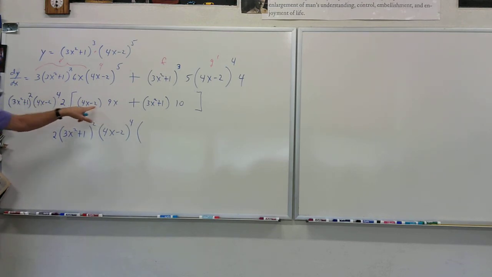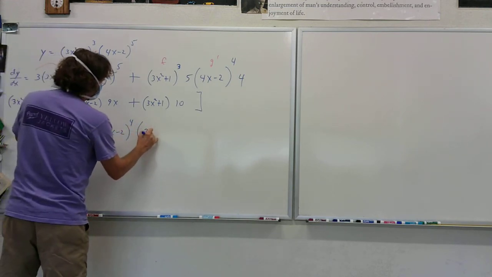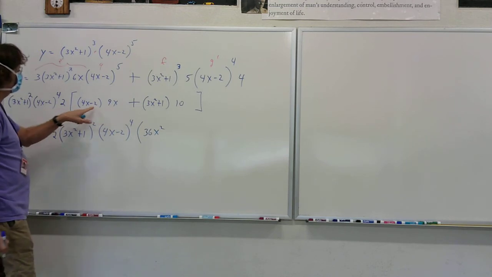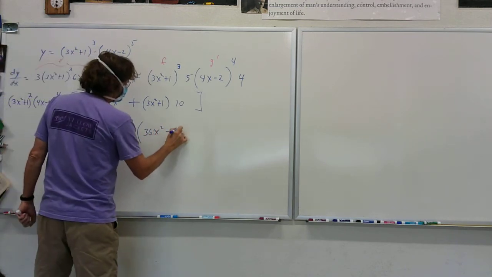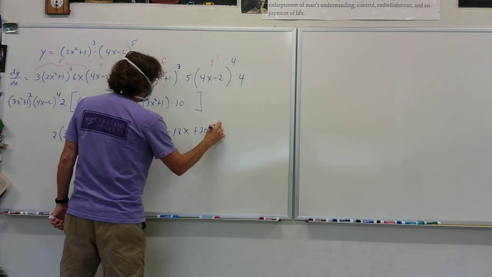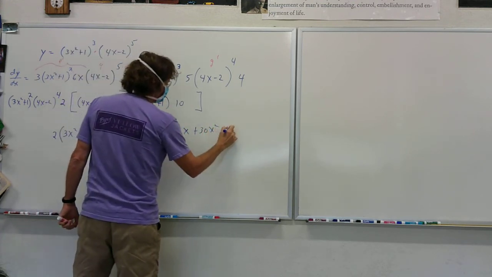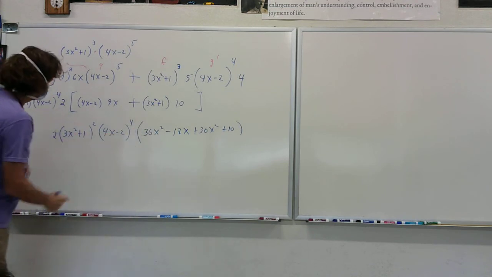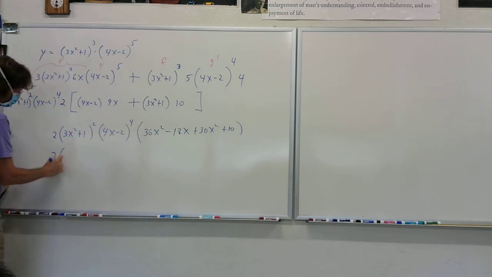Okay? You get 36x squared minus 18x plus 30x squared plus 10. And then, oh, I hate writing all this down, but I'm going to.